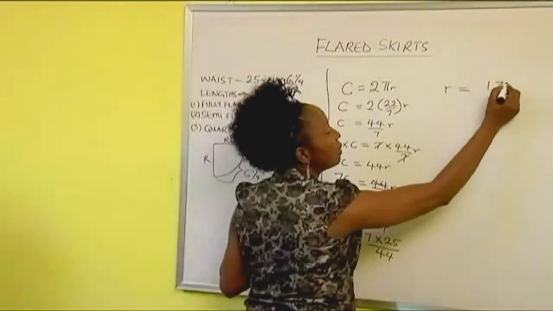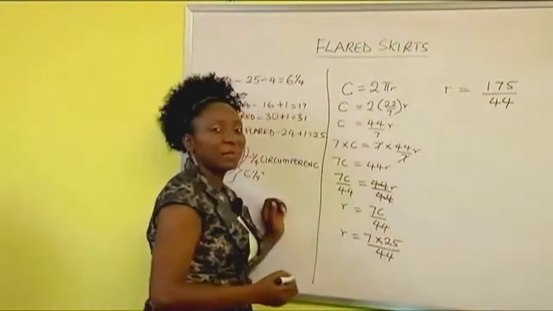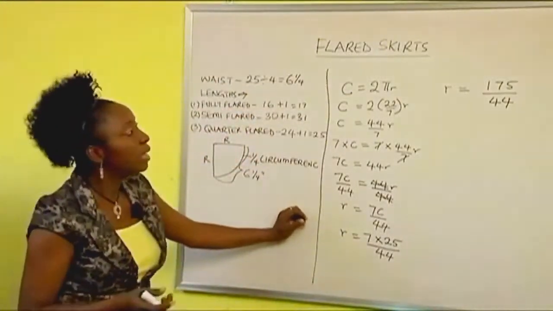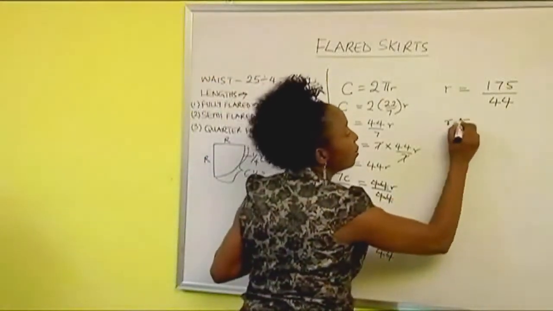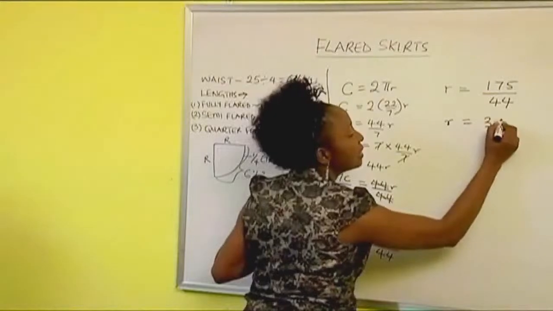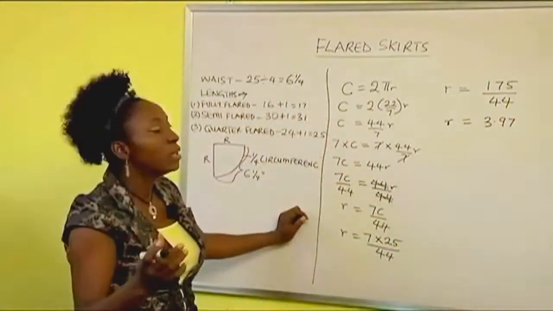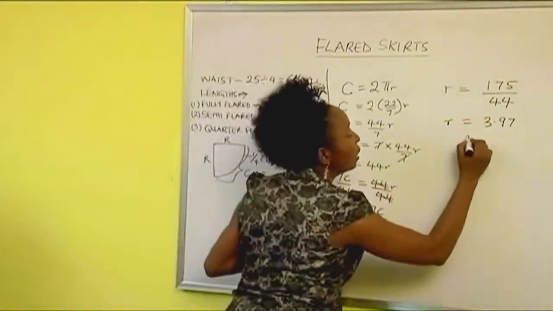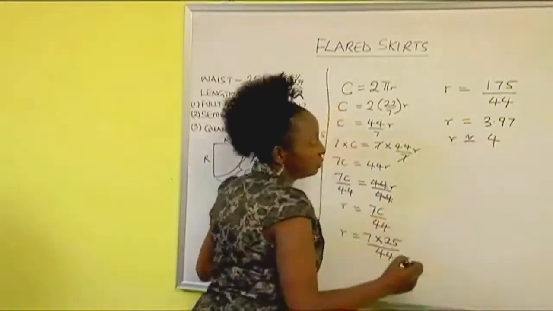You get 175 divided by 44. Now just take a minute and try and calculate that with your calculator or with your phone. And that will give us r equals 3.97. You can see it's very, very close to 4. So I'm going to just approximate it to 4 inches. That will be approximated to 4.